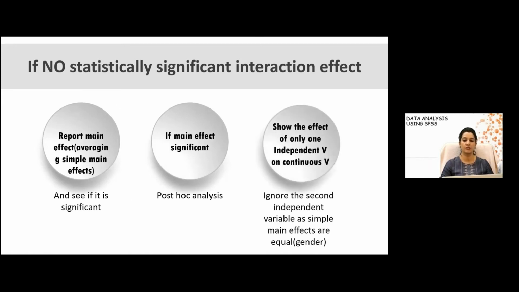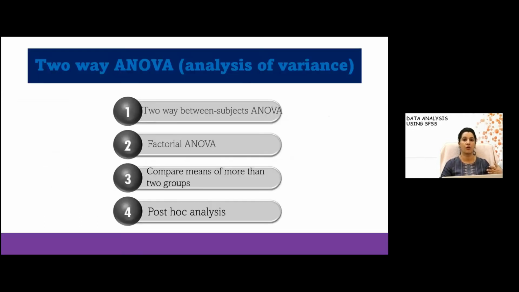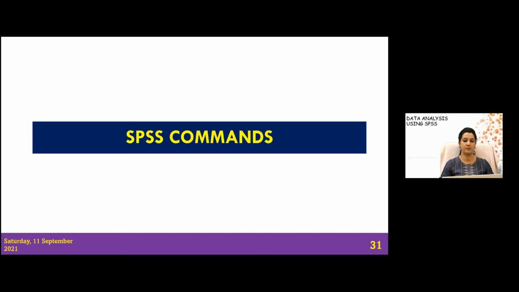It shows that only one independent variable is having an effect on the continuous variable, and in that case we ignore the presence of the second independent variable, because the effect will be the same in its presence also. This is the two-way ANOVA. I think we have done this, so it's just the repetition. Now we'll see it in SPSS.